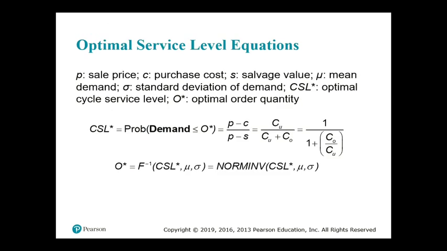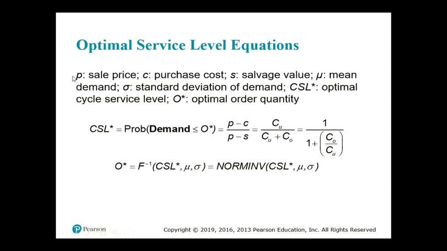So to see this effect of misaligned incentives, let's go back to our model for optimal service level. Right, this is just a recap of what we had learned before. This is how we calculate the optimal order quantity for a given service level, right?